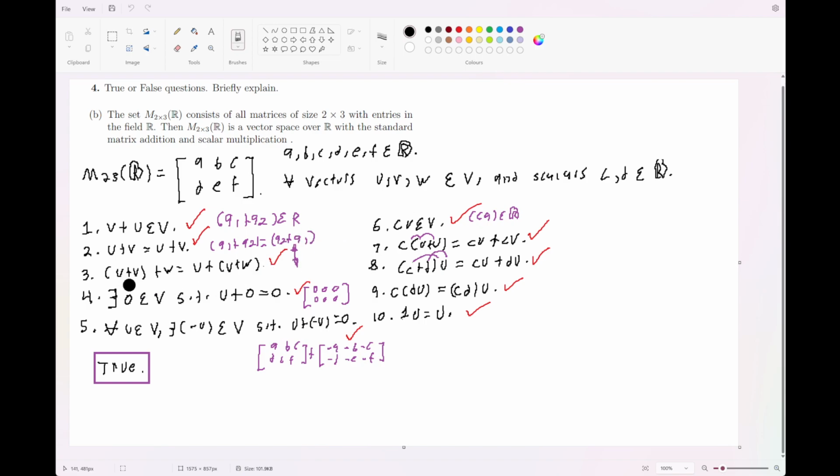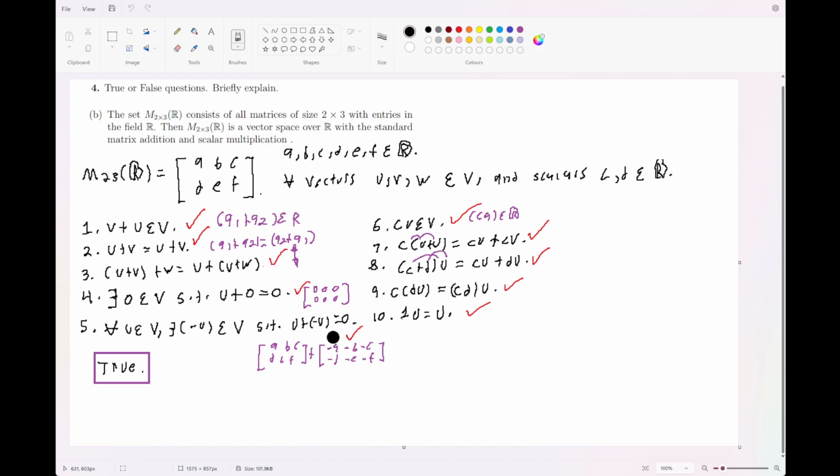Then u plus v plus w equals u plus v plus w grouped differently. This is also true from the above reason. We can just show that, pretty simple. There exists a 0 element in V such that u plus 0 equals u. So if we put in 0 for a, b, c, d, e, f, that's absolutely equal to 0. So there exists a 0 element. For all u in V, there exists negative u in V such that u plus negative u equals 0.